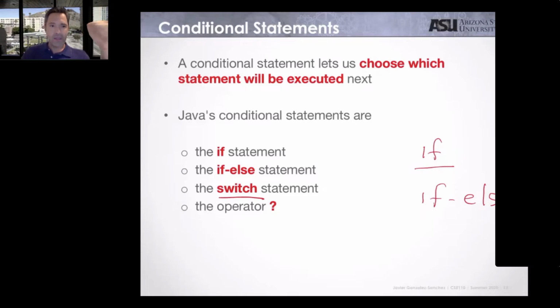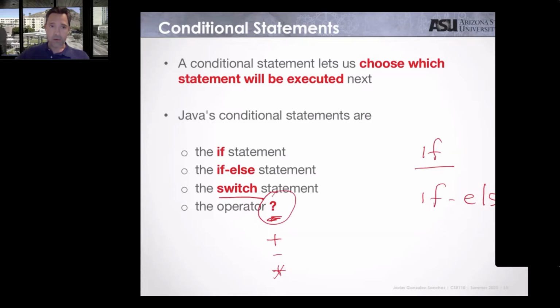And the last one is we can create a condition using this symbol, the question mark. The question mark in programming is one way to create a condition in a program. So if-else, switch, and the question mark. And just because this guy is a symbol, just like the plus, the minus, the multiplication, and so on, this guy is called an operator, the question mark operator.